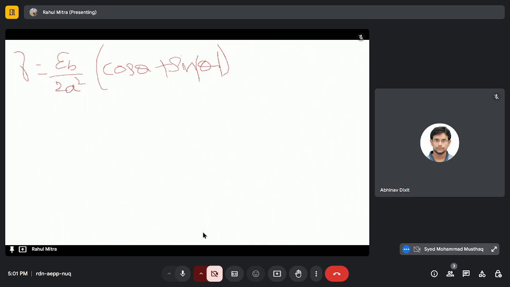So for example, if theta varies from 0 to 90 degrees, then sine will be positive.